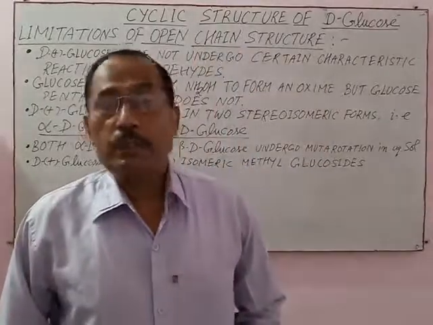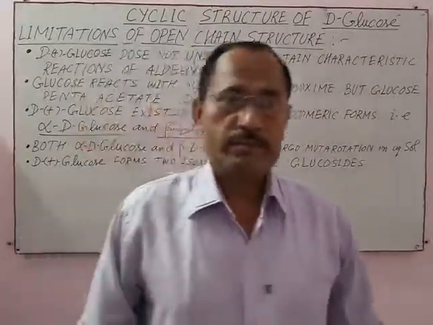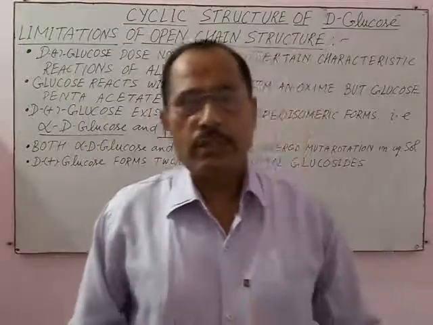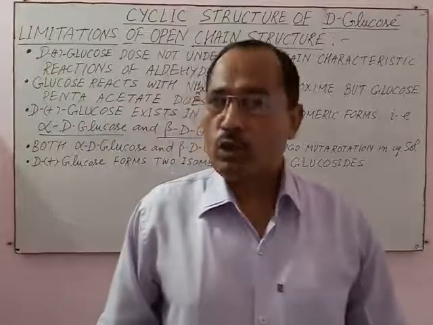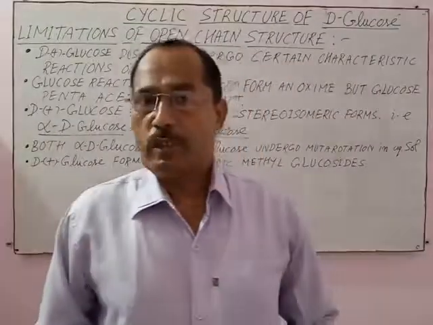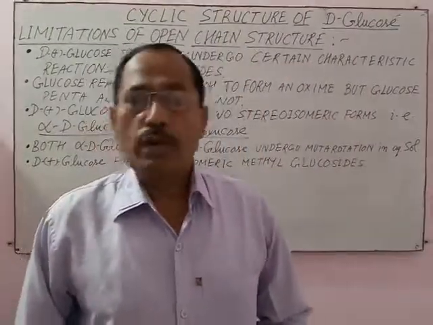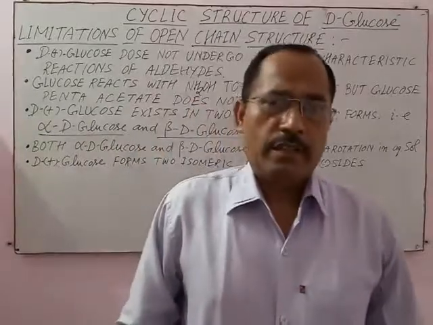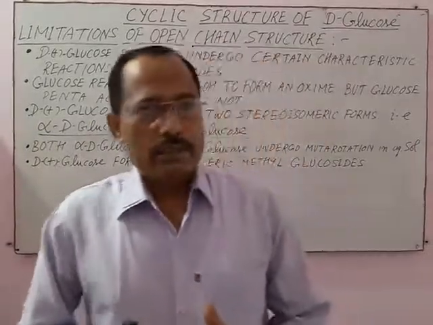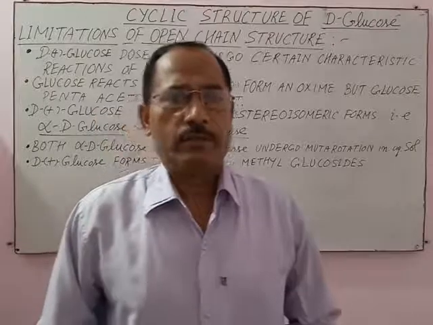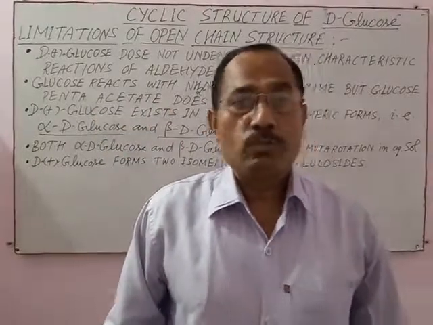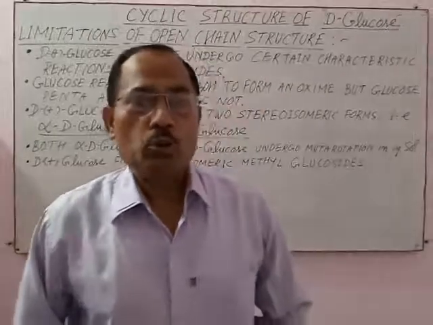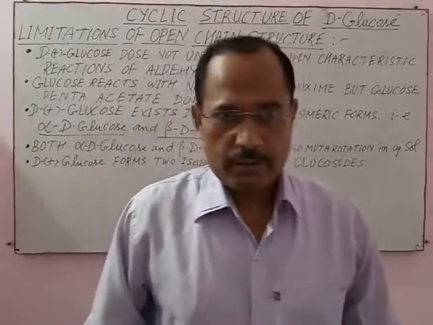If glucose is a pentahydroxyaldehyde, it must give an addition product with ammonia, an addition product with sodium bisulfite, and it should give a positive Schiff test and also a positive 2,4-DNP test.